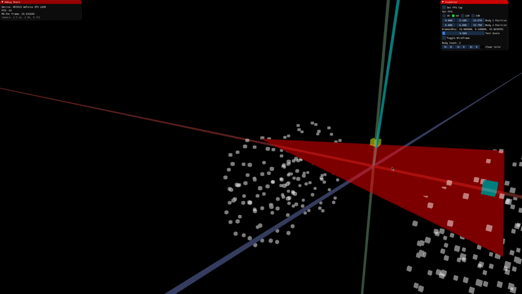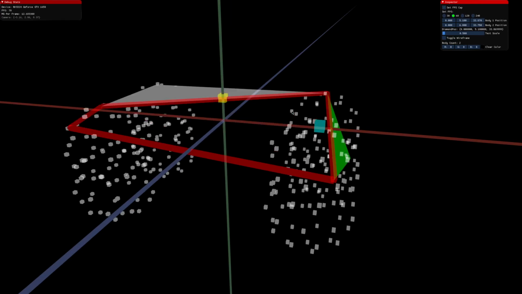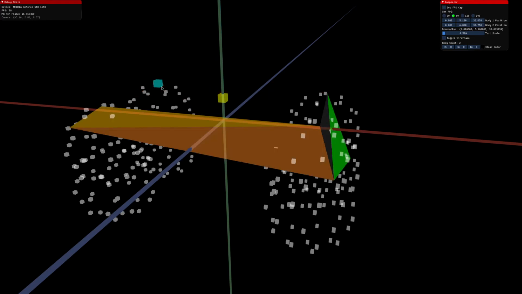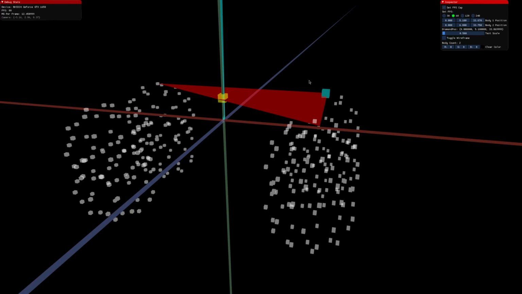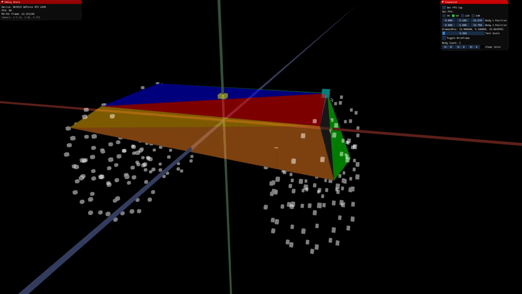Again, I found a closest triangle. I also found a support point, so it's not on the hull, so I remove it, right? Again I got a support point, so I remove that triangle and all the other facing triangles, right? So in this case also I found a support point. Bro, this is going on.